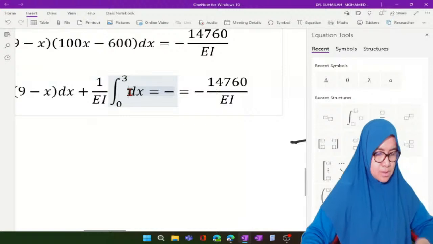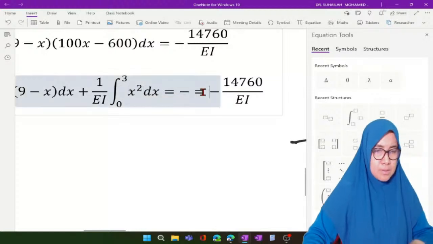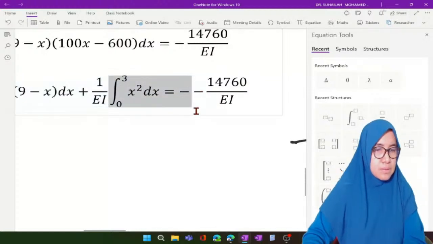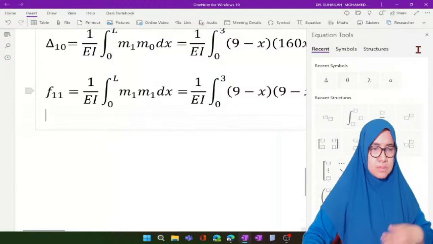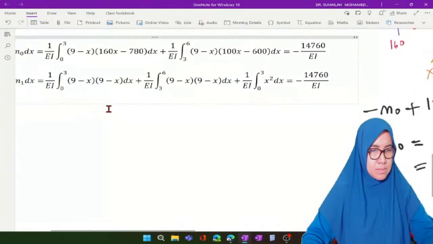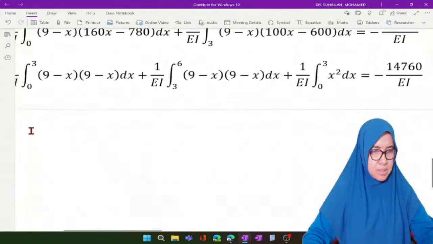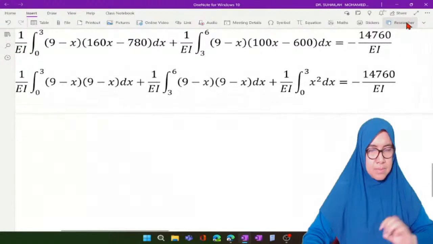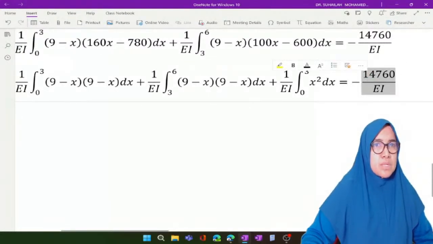X squared is here, M1, x squared, and we will find the answer for this one. So what should be the answer?